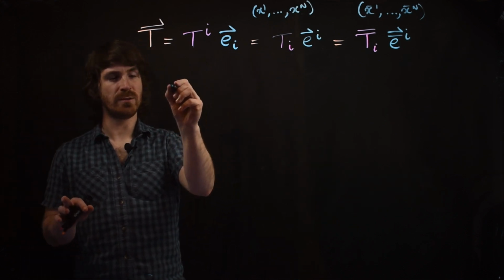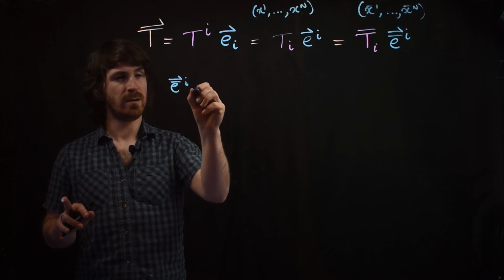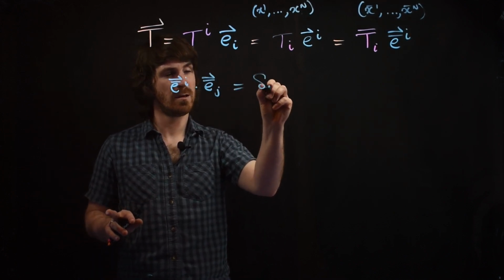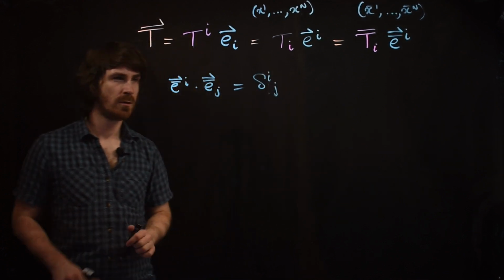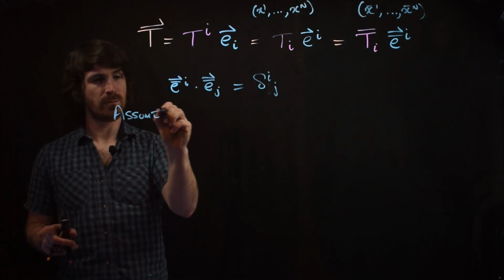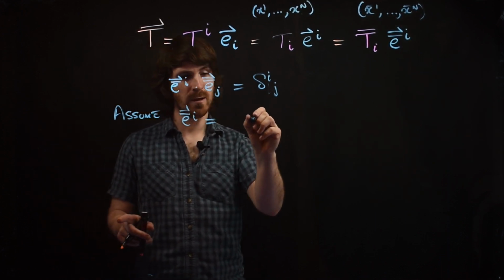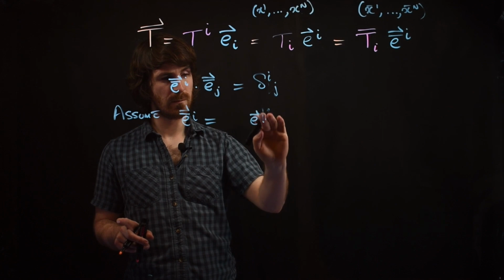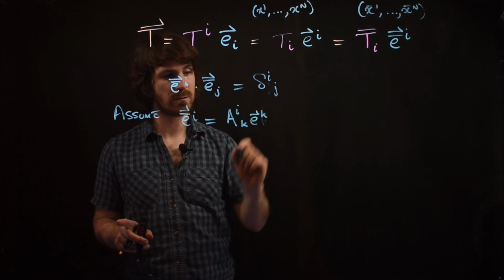Remember, our dual vectors were defined by, let's think about the barred one, e^i dotted with the natural basis vector e_j bar equals delta ij. Maybe we have the i on the top, but it doesn't matter. Now, let's assume we can write e^i bar in terms of e^i with some matrix that multiplies it, a^i_k, and we need a k here.